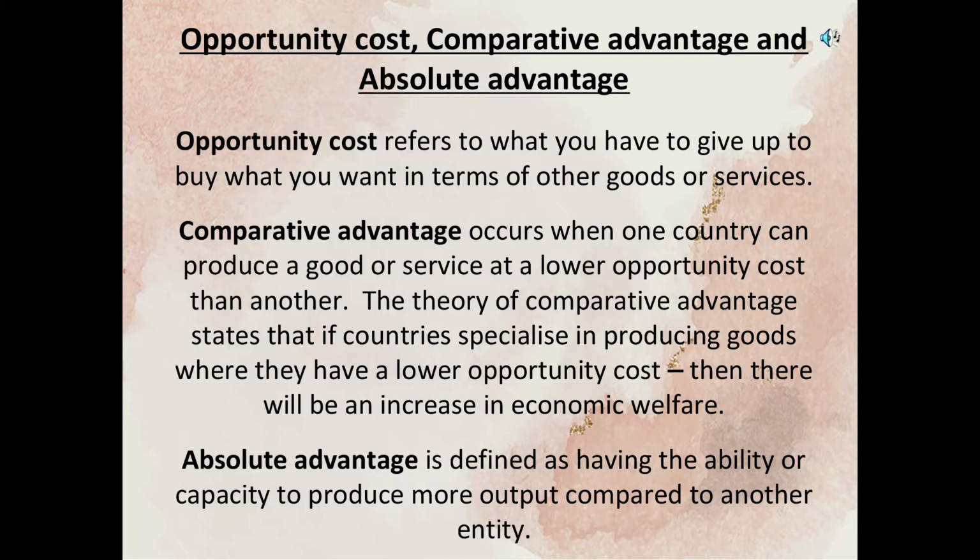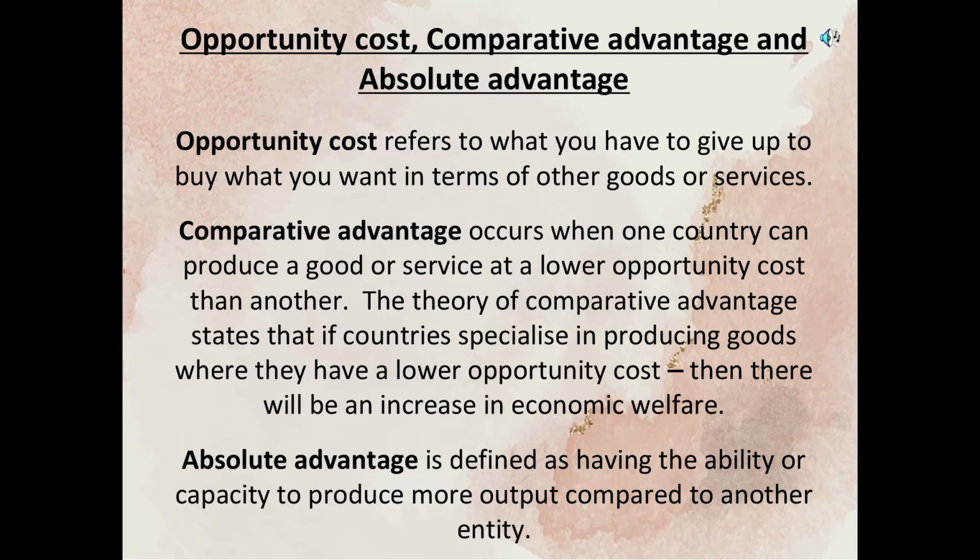So, the theory of comparative advantage states that if countries specialize in producing goods where they have a lower opportunity cost, then there will be an increase in economic welfare or their economic state, right? So, how about absolute advantage?